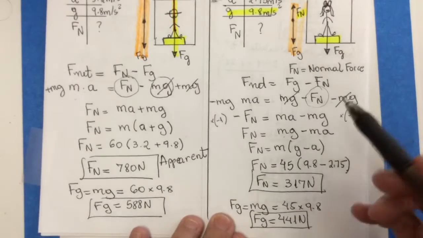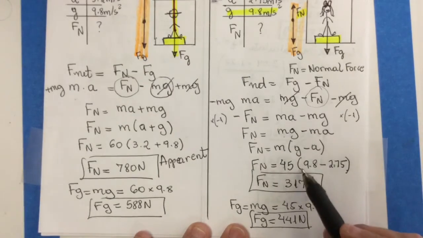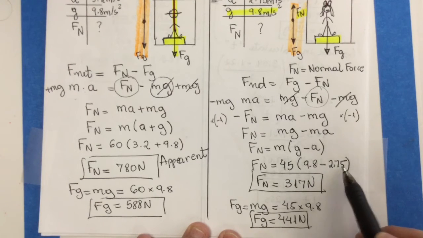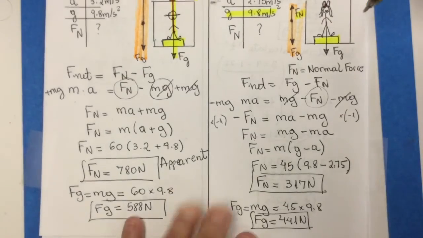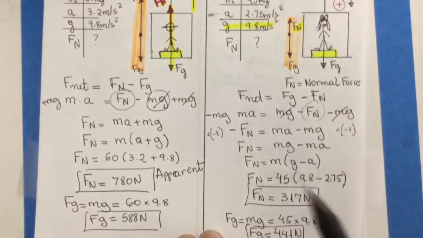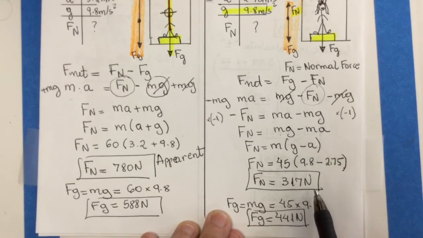Now, for the woman, we make our substitution. The mass is 45, g is 9.8, acceleration is 2.75. So the weight of the woman when the elevator is coming down with that acceleration will be 317 newtons. That's the apparent weight, not the real weight.